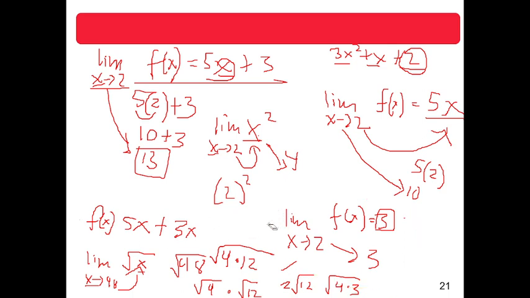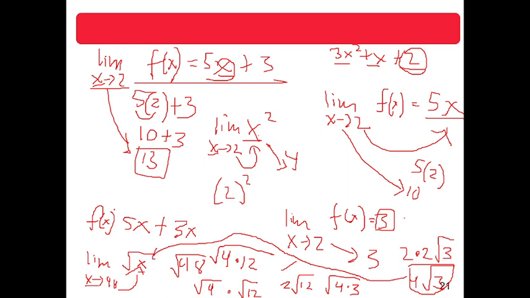So instead of writing it as the square root of 12, that would become 2 times 2 times the square root of 3. And we know that 2 times 2 is 4. So 4 square root of 3. This is your final value for your limit. Alright?